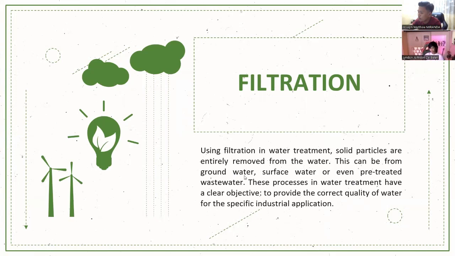This can be from groundwater, surface water, or even pre-treated wastewater. This process has a clear objective: to provide the correct quality of water for the specific industrial application. So from the root word filtrate, or fil, filtra.